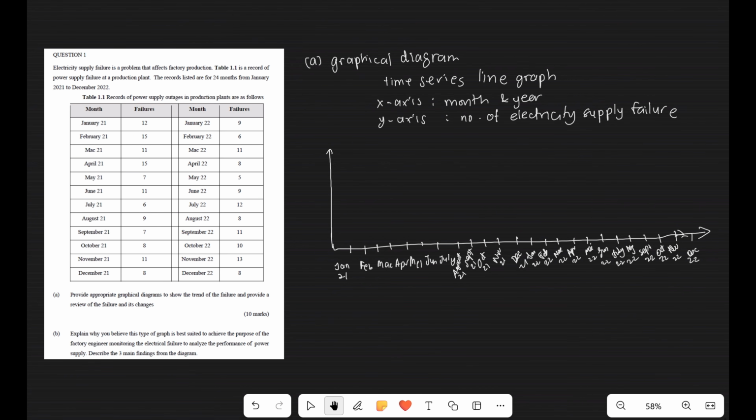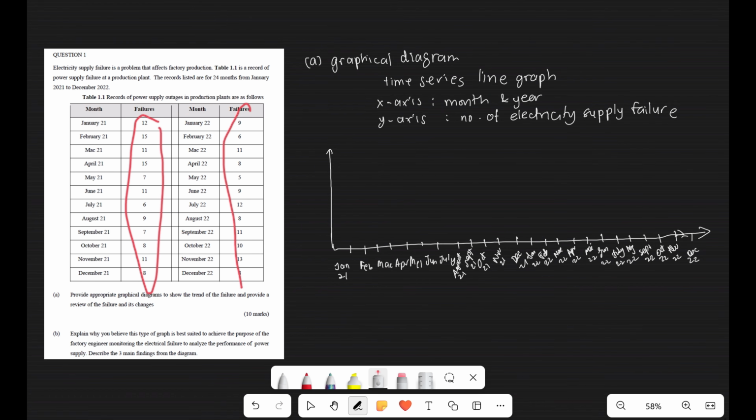Okay, and then number of failures. Because we have here the numbers between 5 and the maximum number is 15, we are going to do the scale on the y-axis to be from 6, 8, 10, 12, 14, 16, and then you have to label here number of failures.